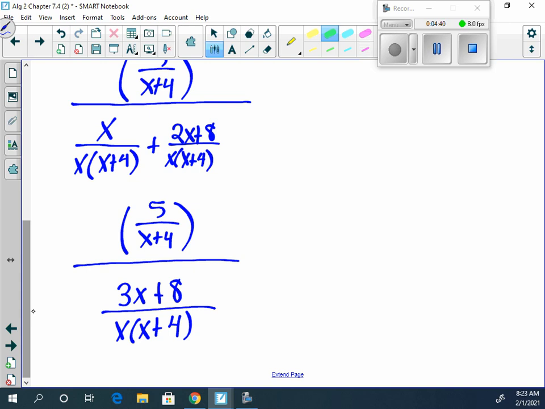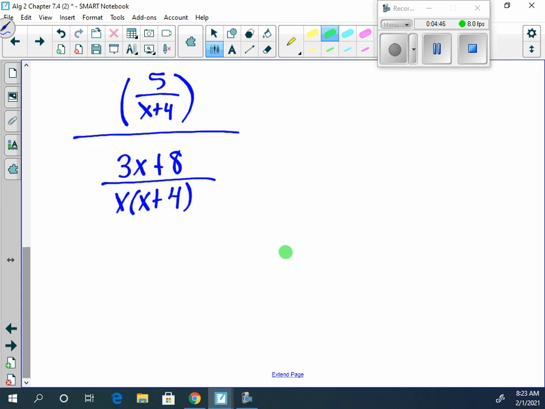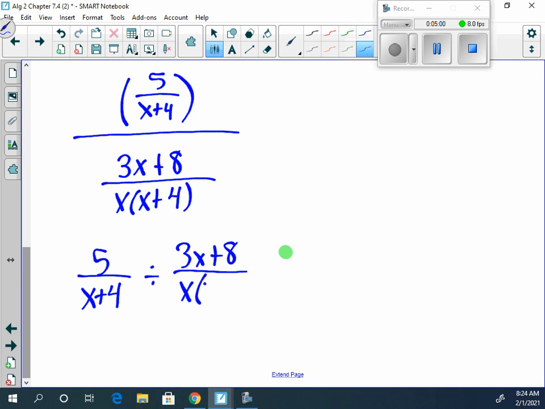They're being divided. So really, what we're saying is that we have 5 over x plus 4 divided by 3x plus 8 over x times x plus 4.